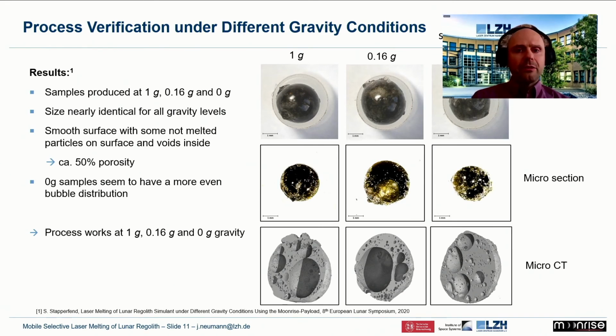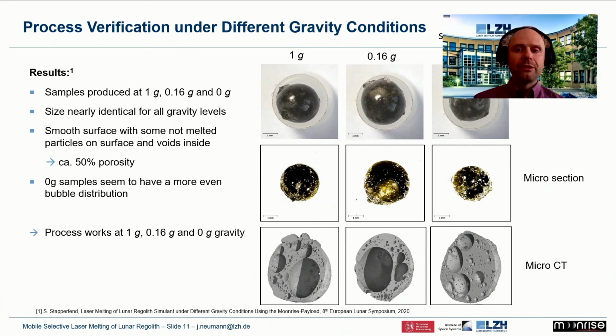If you look at the results, the samples created under the different gravitational conditions are quite similar. You have these pearls with 3 millimeters in diameter. And if you look at the density, it's only 50% of the density of regolith.